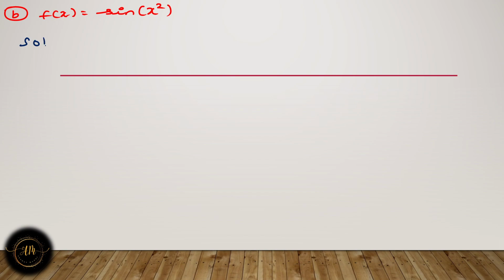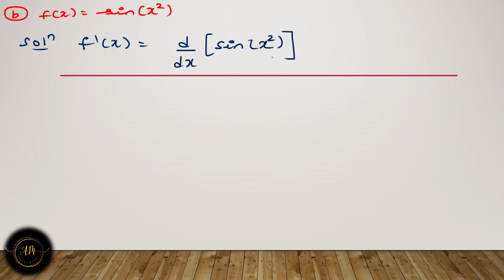Solution, f dash x is equal to d by dx of sine x square. Derivative of sine is nothing but cos of x square into d by dx of x square.